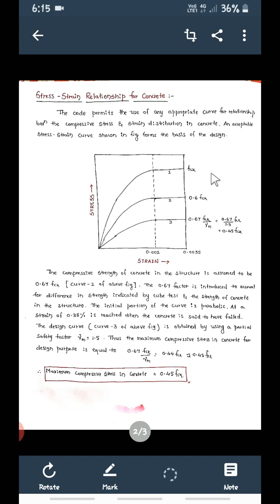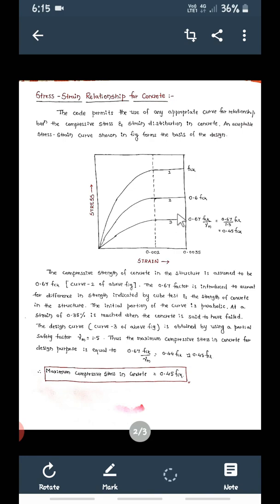So that reduction is how much? 60%. Okay, that is, 40% will be the reduction. So 0.6 will be multiplied, 0.6 times fck. So the 0.67 factor is introduced to account for the difference in strength indicated by the cube test and the strength of concrete in the structure.